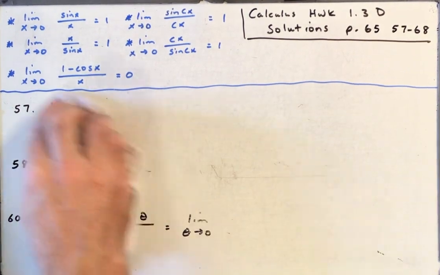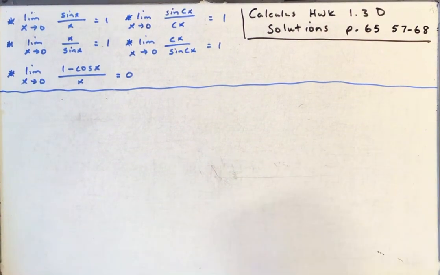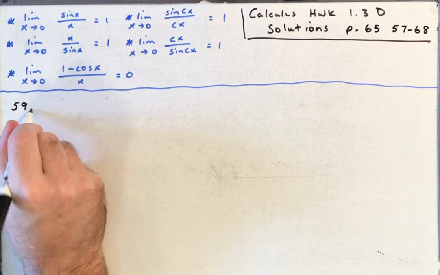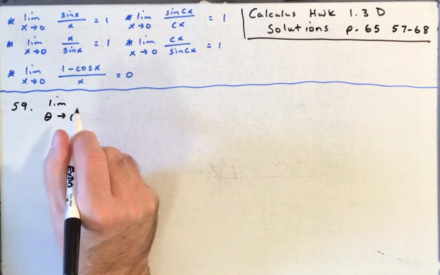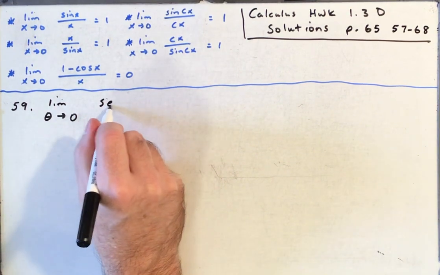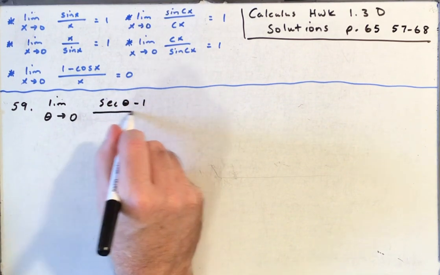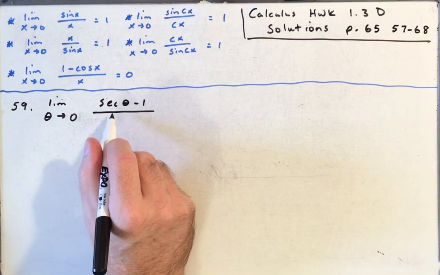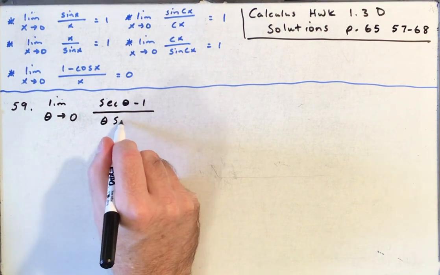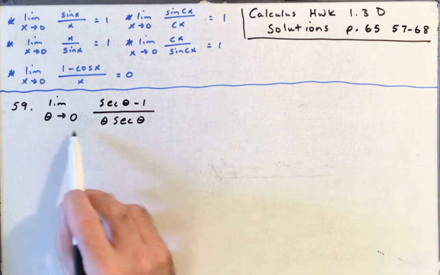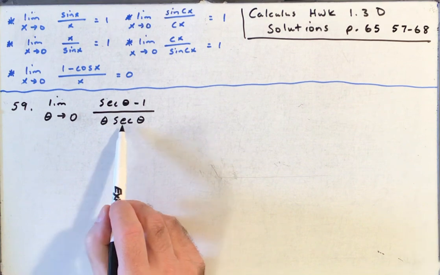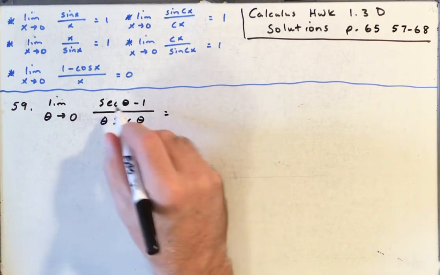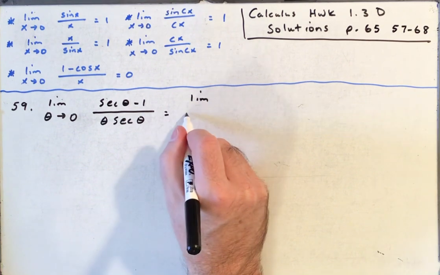All right. So let's back up and do 59. Which takes a little more manipulation. So we've got the limit as theta approaches 0 of secant theta minus 1 over theta secant theta. So if we plug 0 in, we're going to have 1 minus 1, which is 0, over 0 times 1. That's 0 over 0. So let's change secant into cosines.